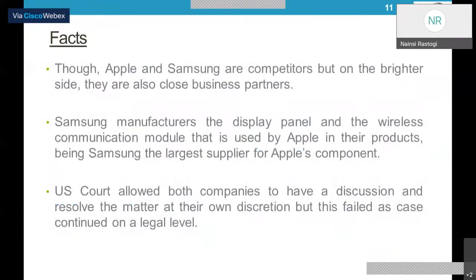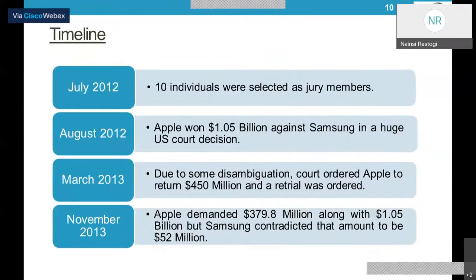So this was how the case ended with the huge penalty. And it is not only the money; the reputation of both the companies was also under radar. So their recognition, their reputation cost was there instead of just monetary cost.